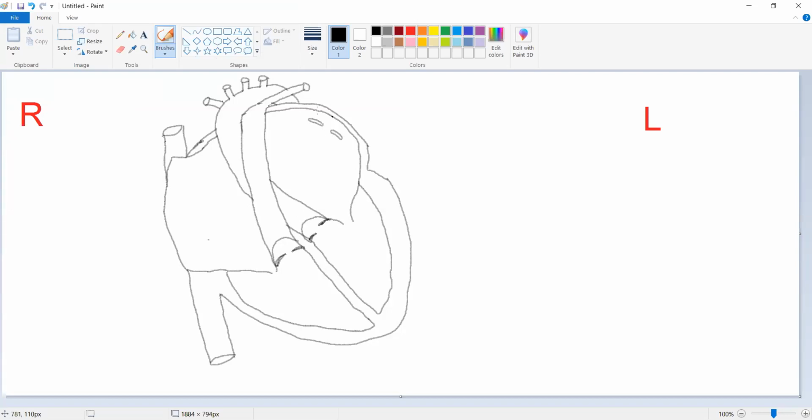Okay, we almost forgot our pulmonary vein. Yeah, there you go.